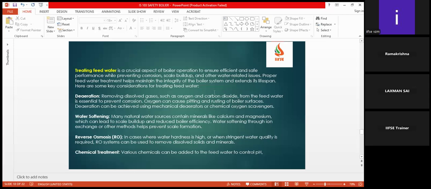In the same way, if you are giving good water or properly treated water, the boiler lifespan will also increase.